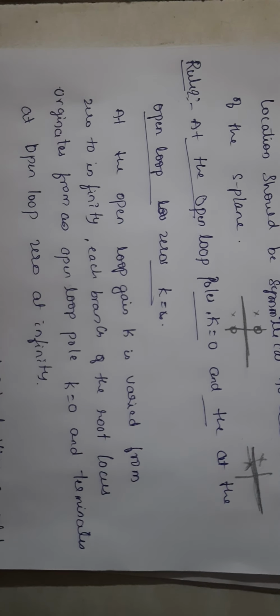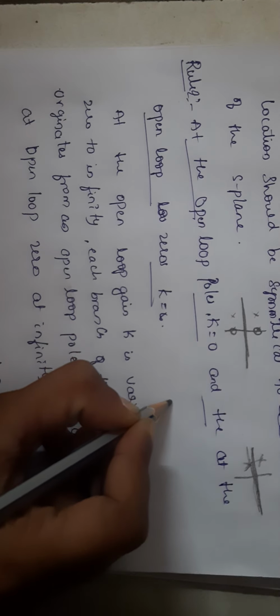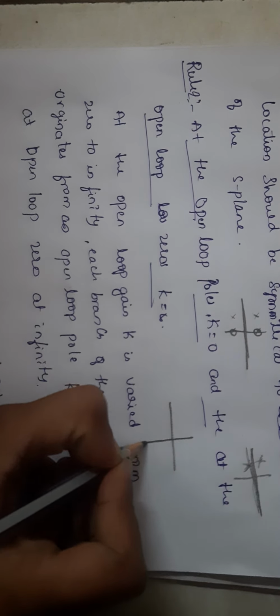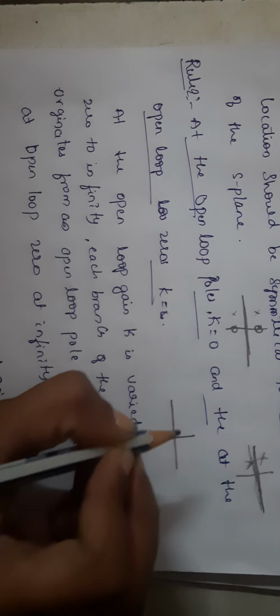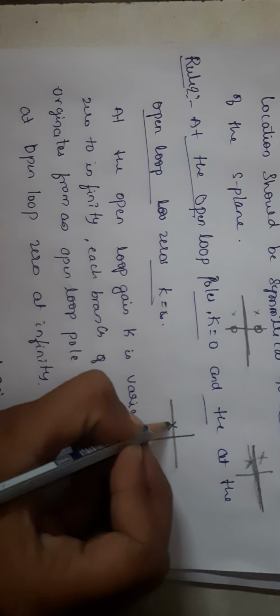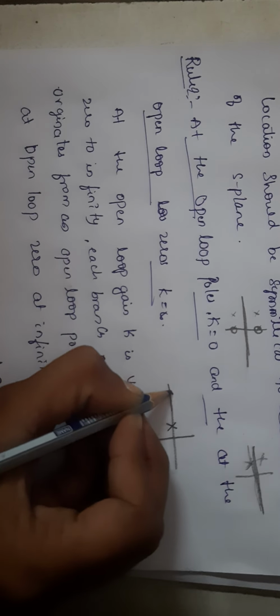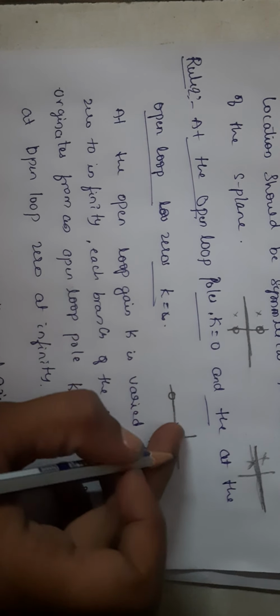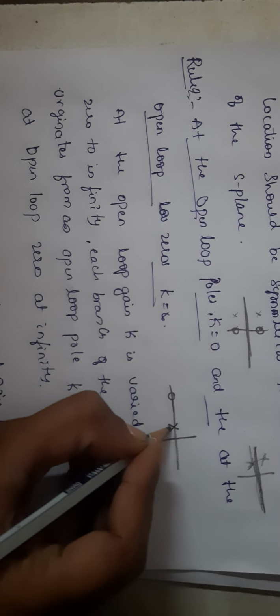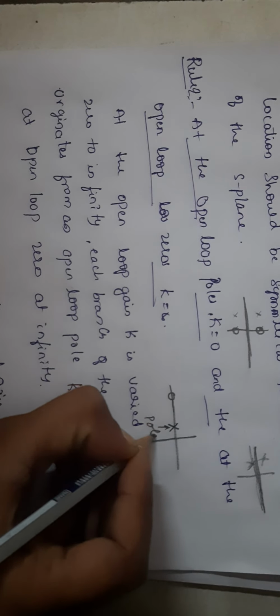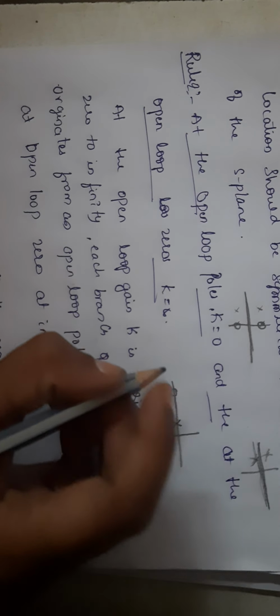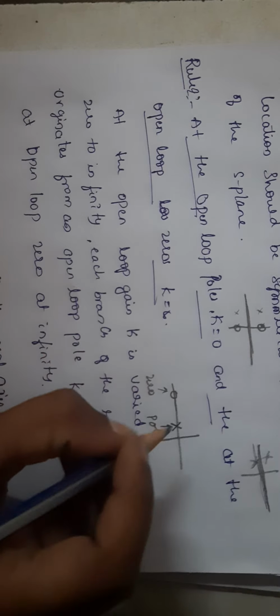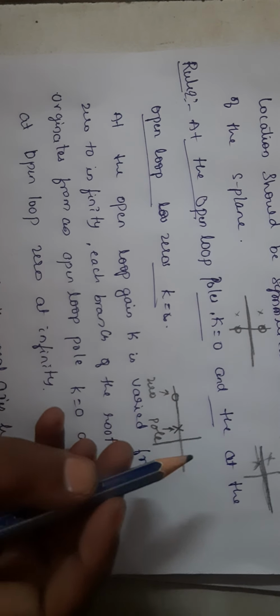For different values of k we will get different poles, but for any value the root locus should start from a pole and it should end at a zero, and it may be anywhere in the S plane. The root locus will always start from a pole and always end at a zero. The zero may be at infinity or any value.